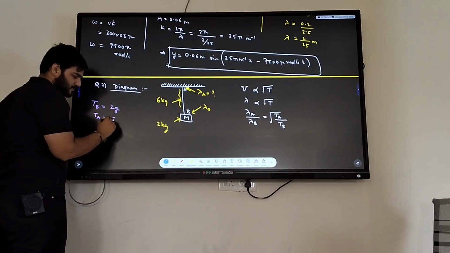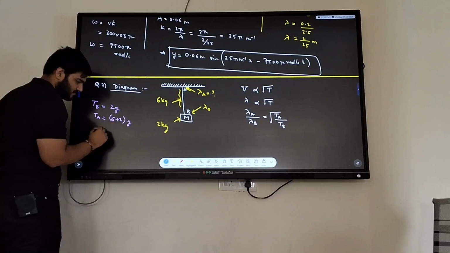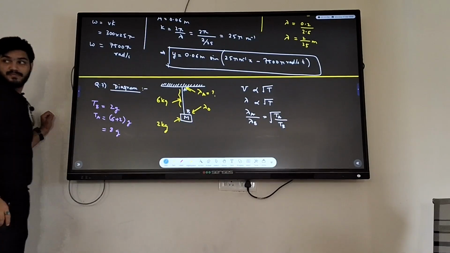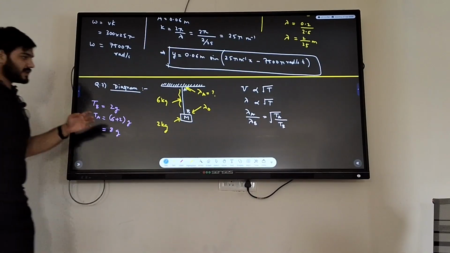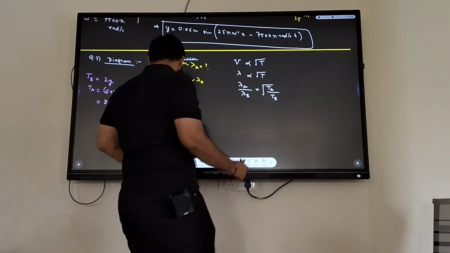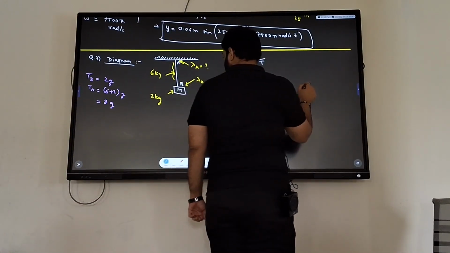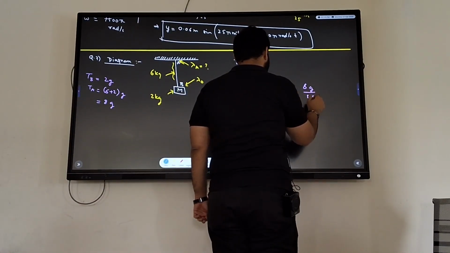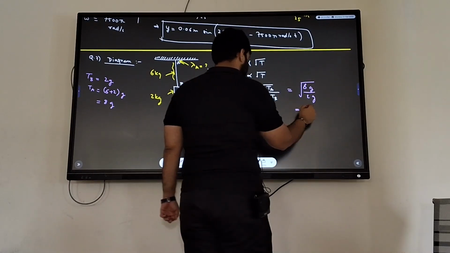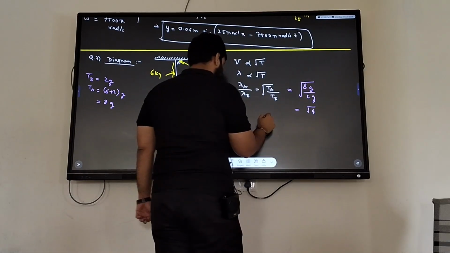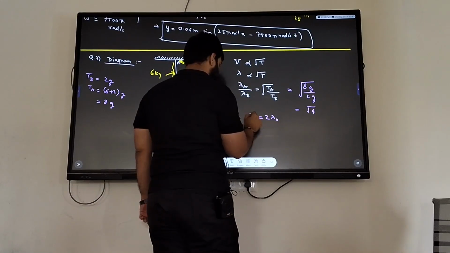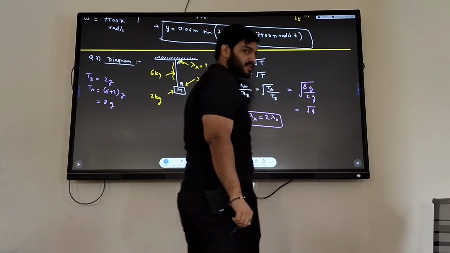Everybody understand? 6 plus 2. Then I'm done with the question because now I just have to substitute. You have 8g divided by 2g and that will be root 4. Root 4 is 2. It's a simple question.